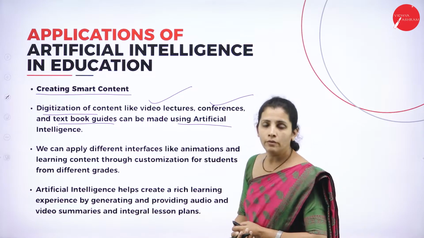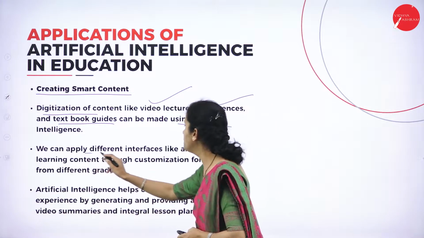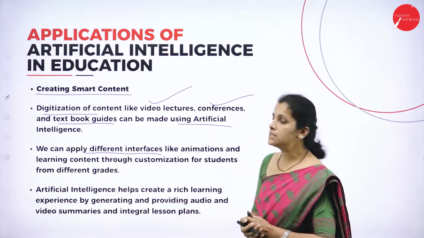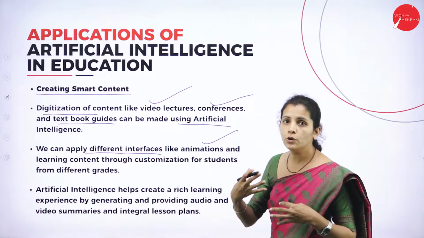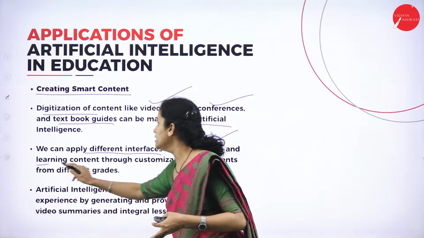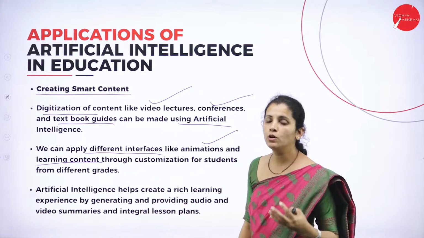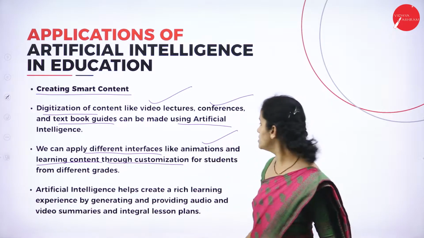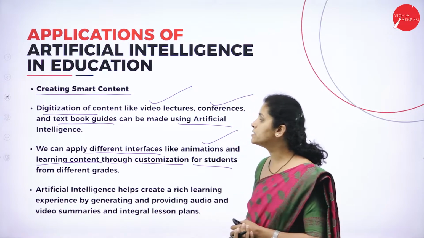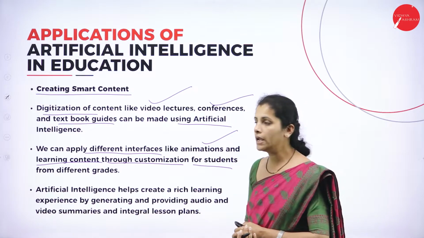Along with that, we can also apply interfaces like animation. That means we can give animated learning content. That means we can learn the content through customization for students of different grades.